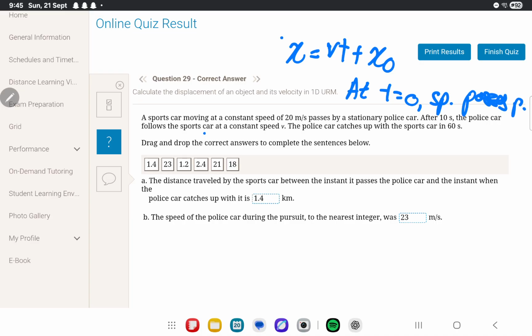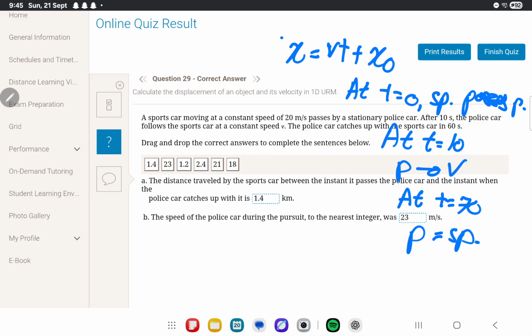Okay, so now at t equals 10, right? Because then at t equals 10, the police car reaches the speed v, and then stays constant. And then at t equals 70, right? Because look, it catches up with the sports car in 60 seconds, and it started moving at t equals 10. It's 10 plus 60, 70. At t equals 70, the police car and the sports car are at the same position again.